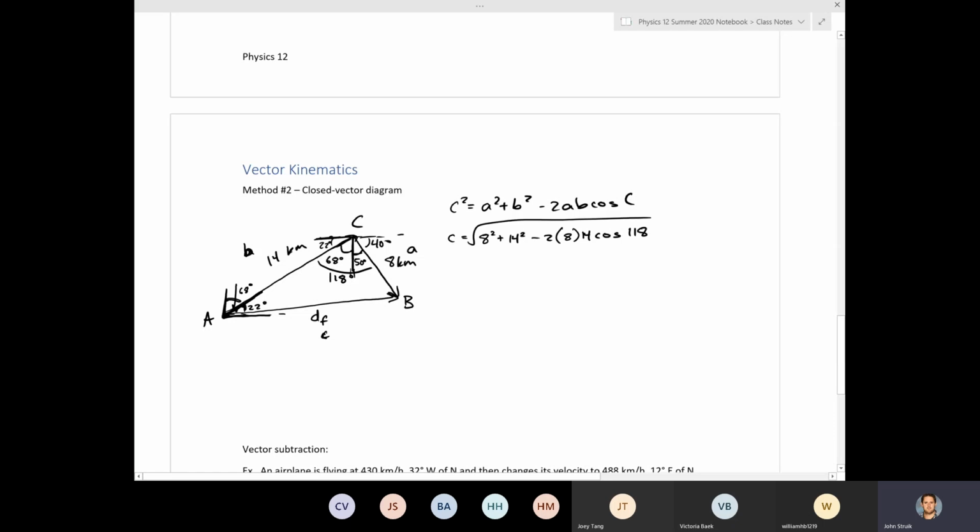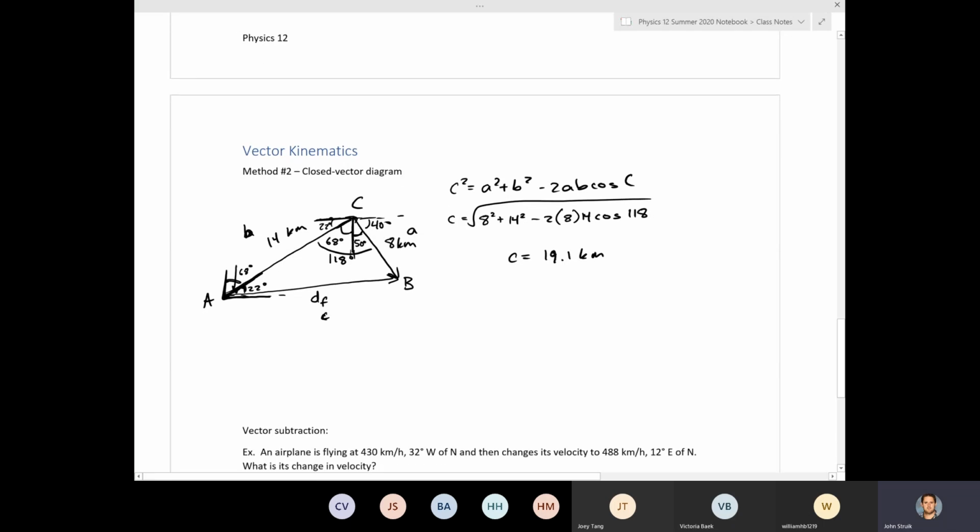If we do that, 8 squared plus 14 squared minus bracket 2 times 8 times 14 times cos 118, and then square root that, you get c equals 19.1 kilometers. Exact same answer as before, but we're not done yet.